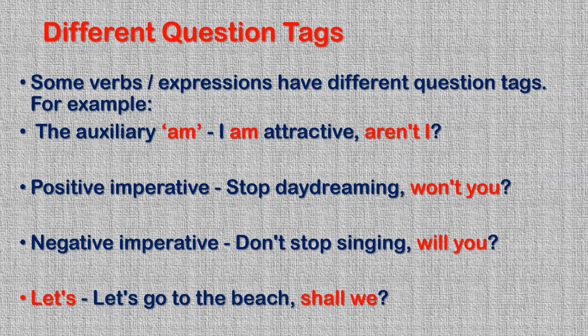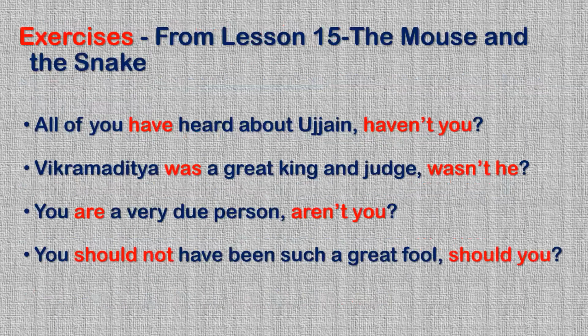If the sentence has let us, for example, let's go to the beach, then the question tag shall be shall we. So we use shall or shan't in case of use of let's in the sentence.